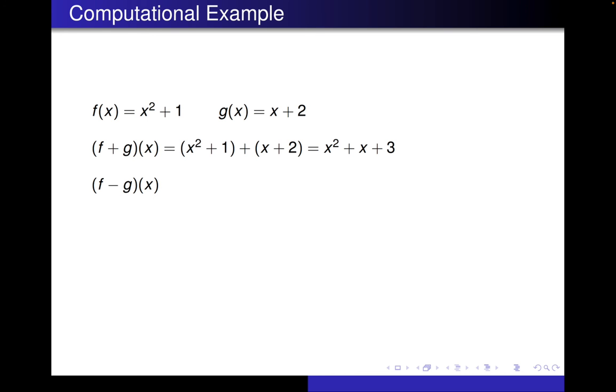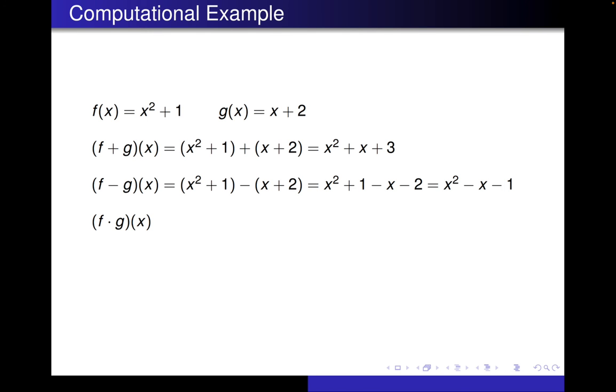If I wanted to find f minus g of x, the input is x, and the output I get by plugging x into f to get x squared plus 1, plugging x into g to get x plus 2, and then subtracting those two quantities. And you can do a little simplification if you want to, and if you do, you get x squared minus x minus 1.